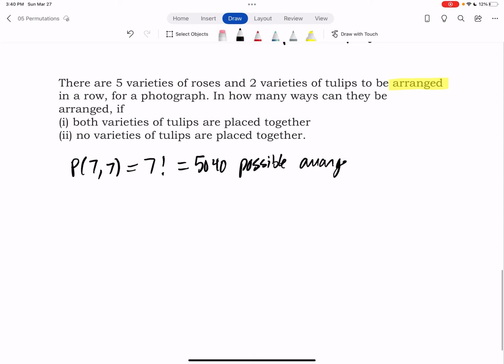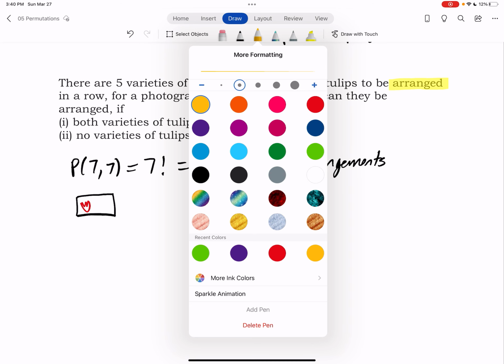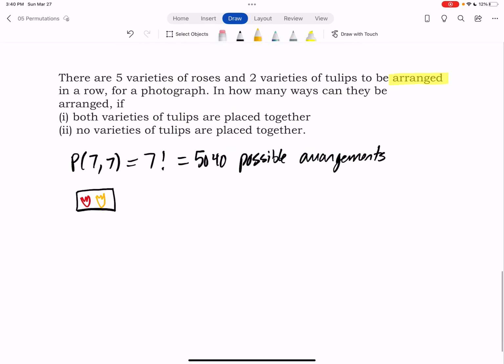Now remember, in some of these arrangements, the 2 varieties of tulips are together, and in the others, they aren't. So if we want to find out that the 2 tulips go together, what you can imagine is that you have this block with the 2 varieties of tulips inside of it, okay? So you have this block, and the 2 varieties of tulips are inside of it.